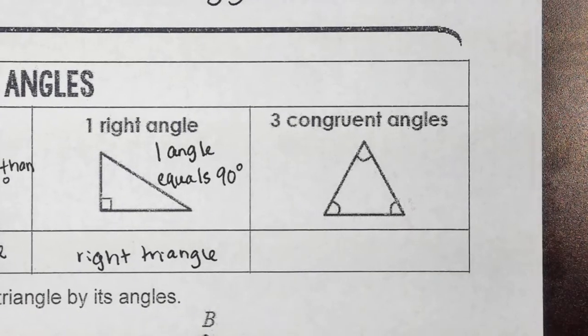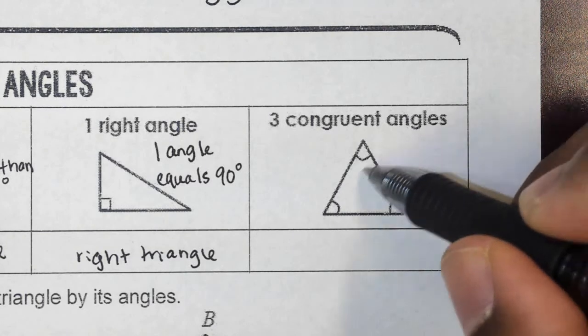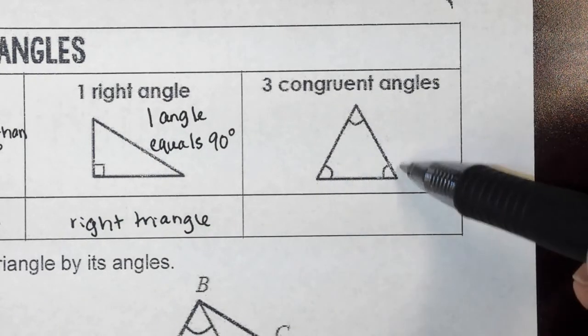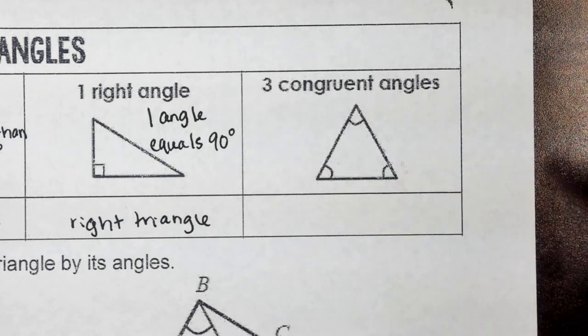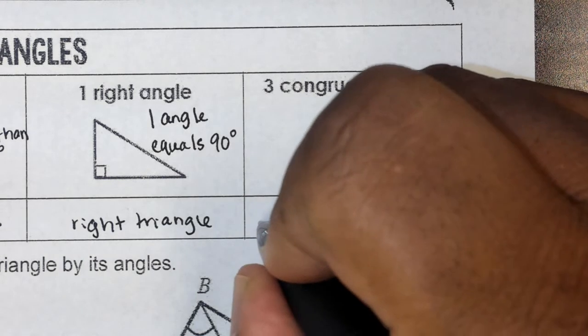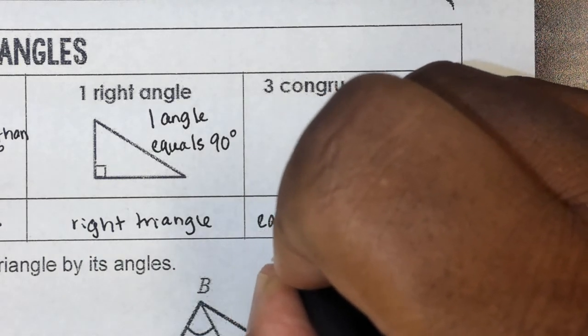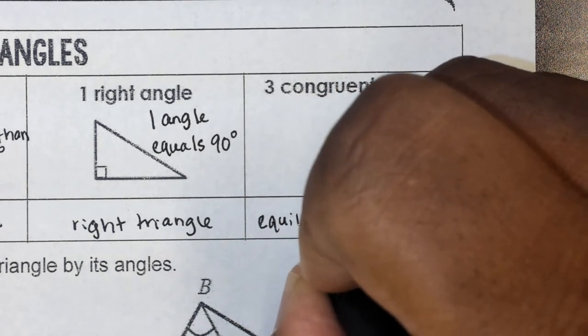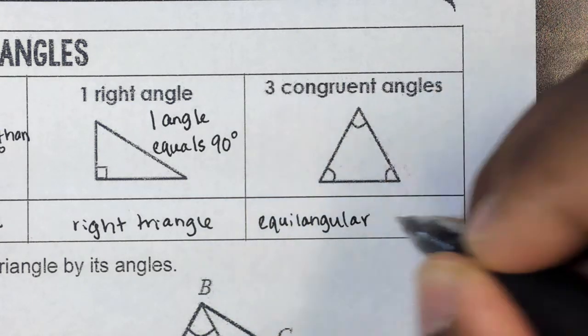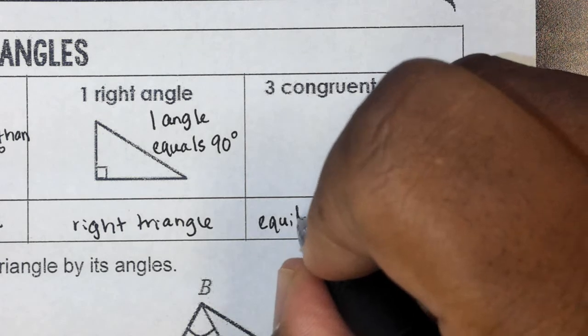And our last one is when you have three congruent angles. You see these congruent symbols, y'all should all remember this. These congruency symbols in the triangle. If that's the case, all three angles are congruent. We will call the triangle equal angular. Don't try to spell ahead of me, y'all don't know how to spell it. It's equal angular, it's not equal. Let me say it right.